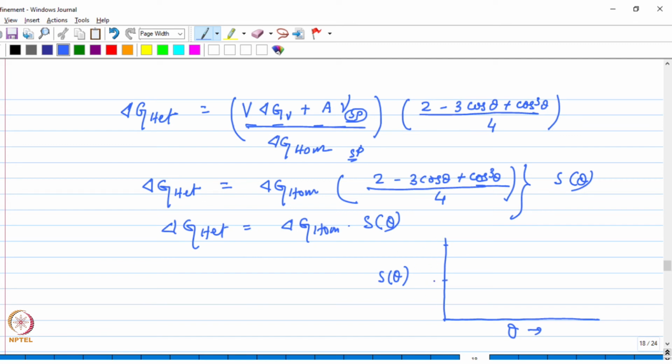So if you plot this S theta as a function of theta, here you can see when theta is equal to 0, S theta is also 0, right? So you have a point over here. And when theta is equal to 90 degrees, you can see that S theta is equal to 0.5.